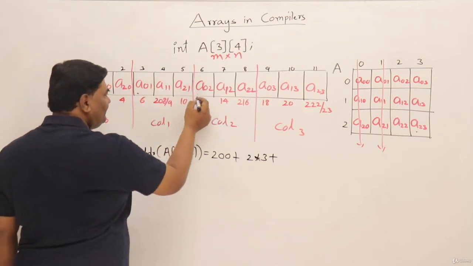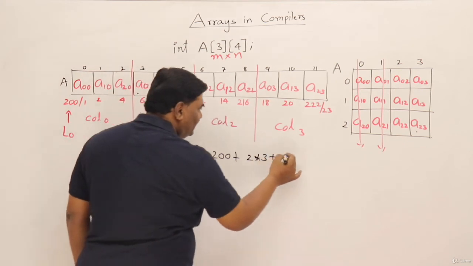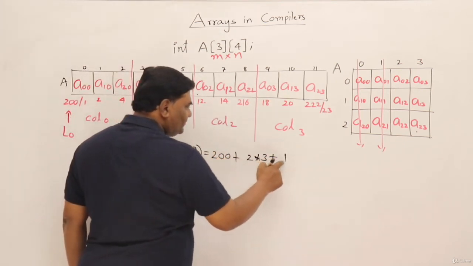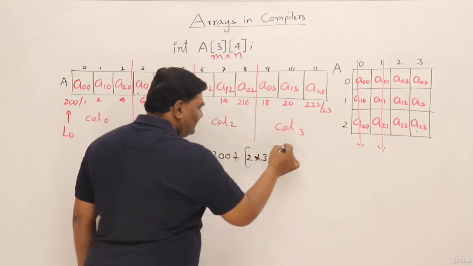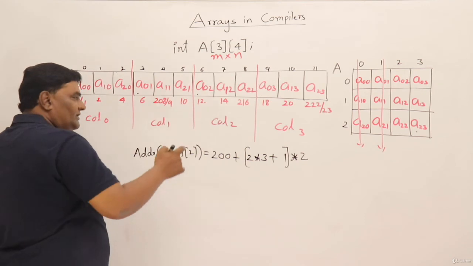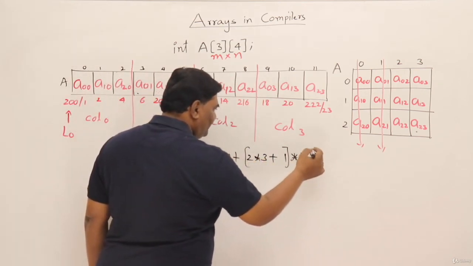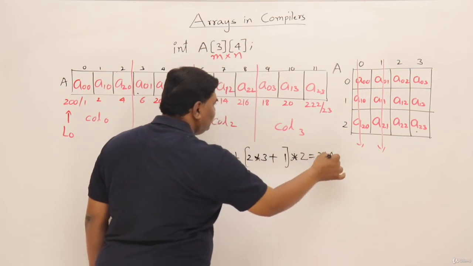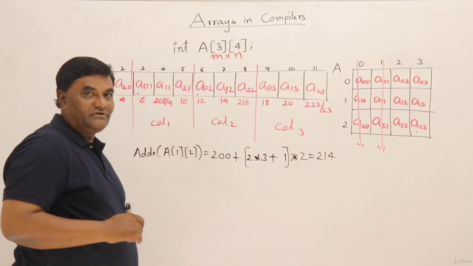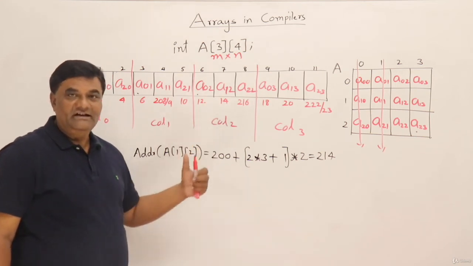Then I have skipped column 1, I am here. Now from here, how much should I move? Just one element. So this has to be multiplied with the word size W. So this will be 3 twos are 6 plus 1, 7 into 2, 14. So this is 214. And you can see that the address of A[1][2] is 214. That's how we got the address of a given element.